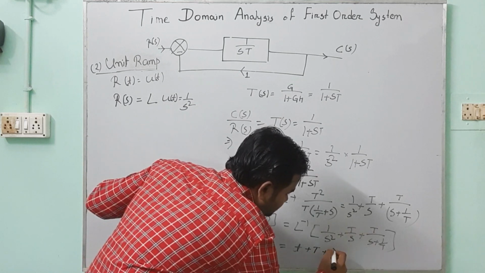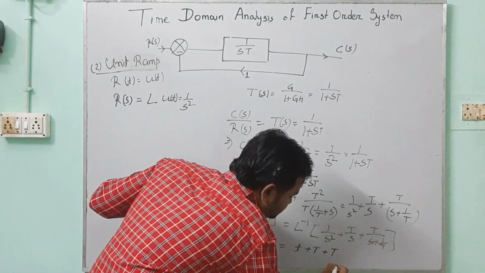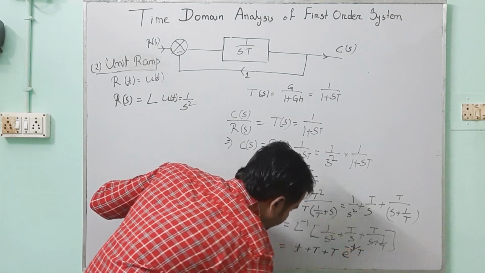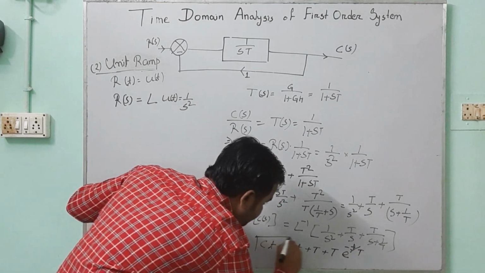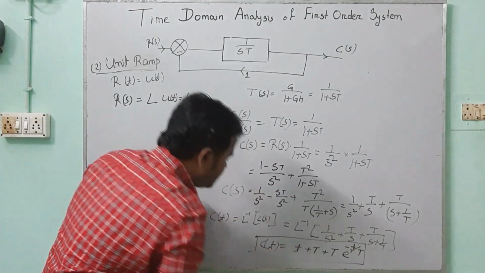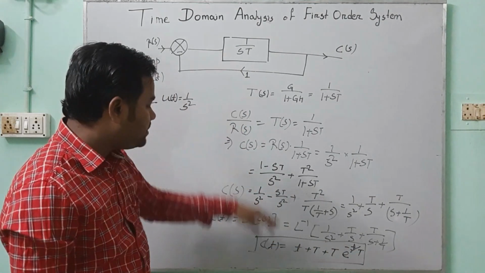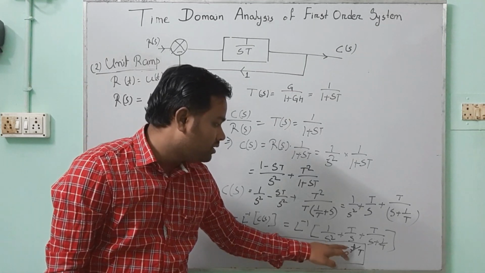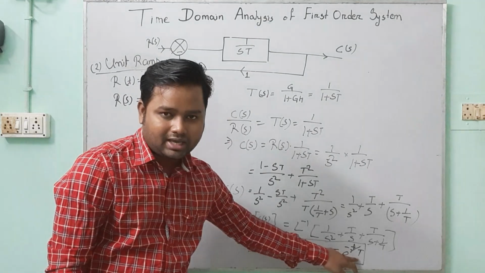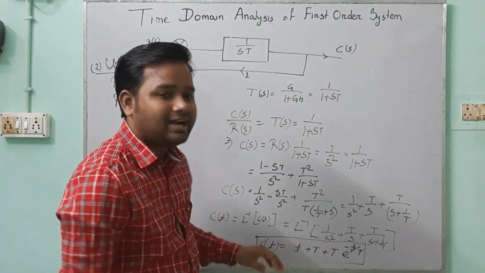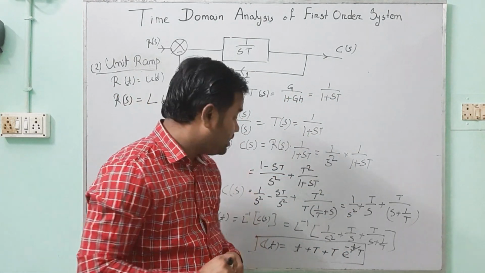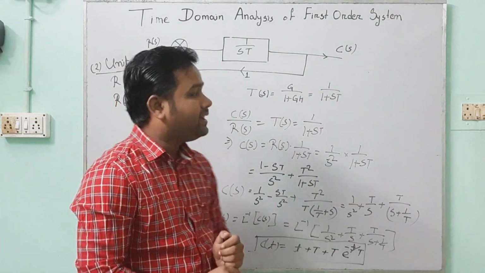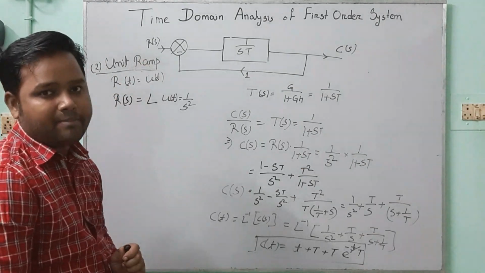The Laplace inverse of 1 by S plus 1 by T is equal to e to the power of minus small t by capital T. This is our C of t, which is the output. Here you have seen that the output is small t minus capital T plus capital T into e to the power of minus t by capital T. All the parts depend upon time only, so it is the time domain analysis when the input is a unit ramp input.